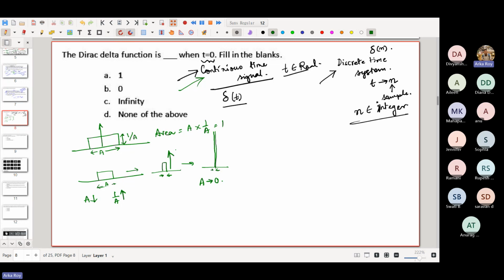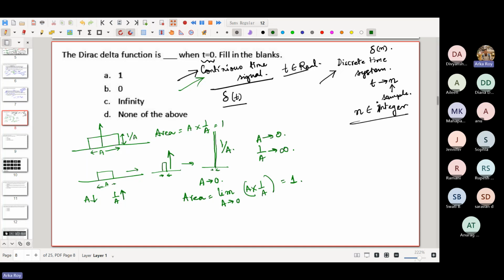Then what happens to the area? The area will still be 1. How? You take the limit a tends to 0 of a into 1 upon a, which still gives you 1. The area is 1. Now what about the height? Height is 1 upon a, so as a tends to 0, 1 upon a tends to infinity.